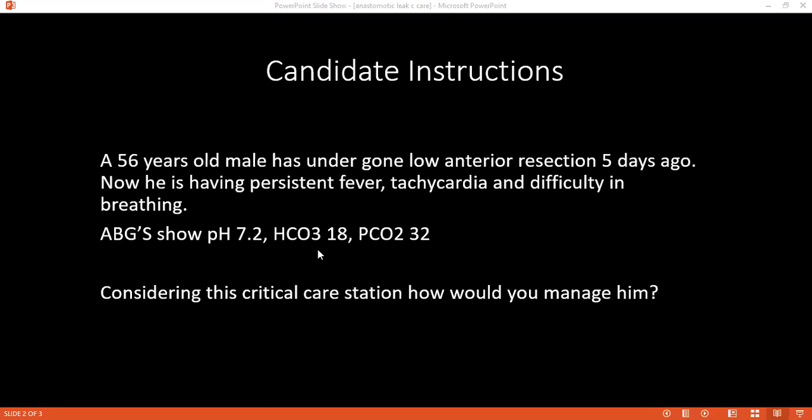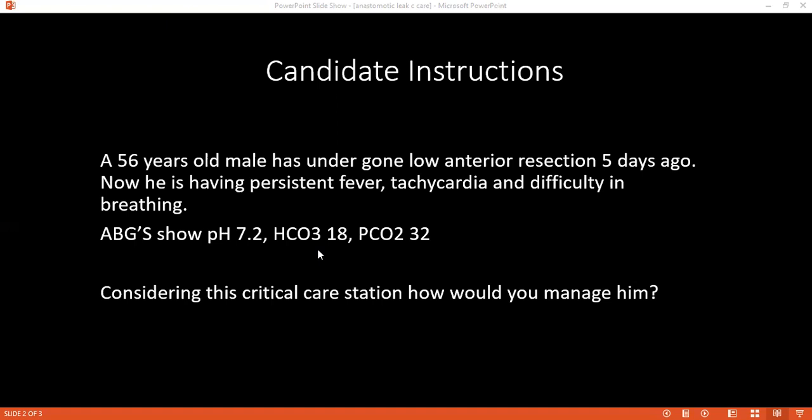If there is a raised potassium level, first I will take care of the patient's diet, and I will stop all potassium containing fluids, including Hartmann's. Good.